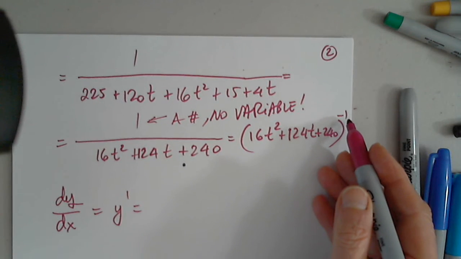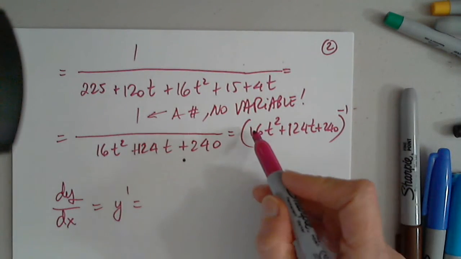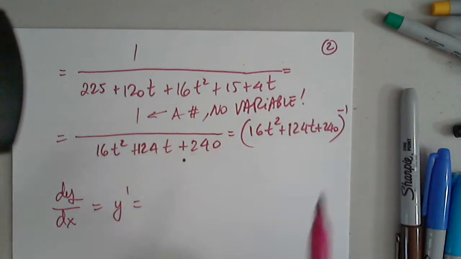Can anyone help us? Noah, are you back? Yes, I'm back. Very good. So help us differentiate a function raised to a power. Alex, will you give us a hand here?